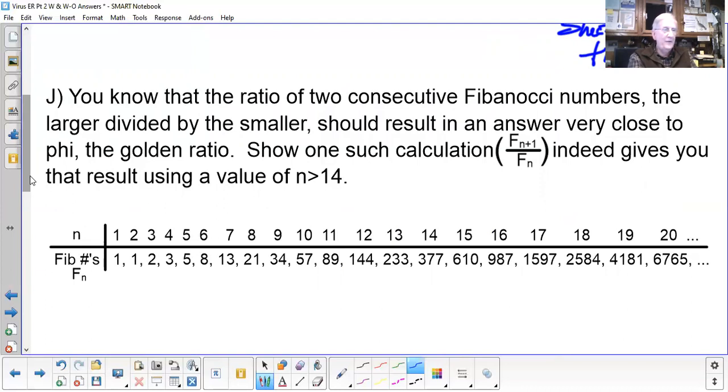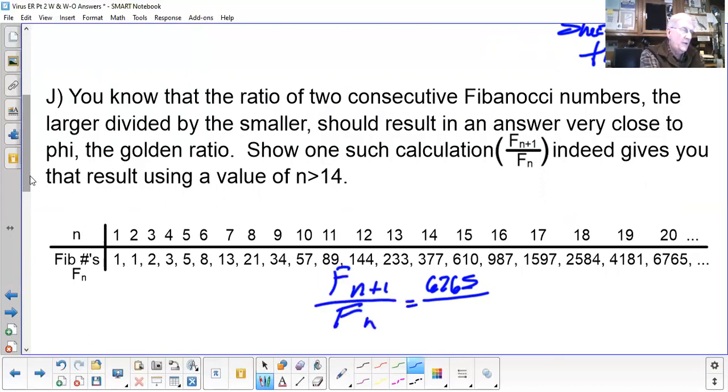Well, how about if we try the 20th Fibonacci number, 6765. I'll let that be f sub n plus 1. I'll divide it by f sub n, which will be the one prior to it, 4181. And all I need to do is to show that this gives me the golden ratio.